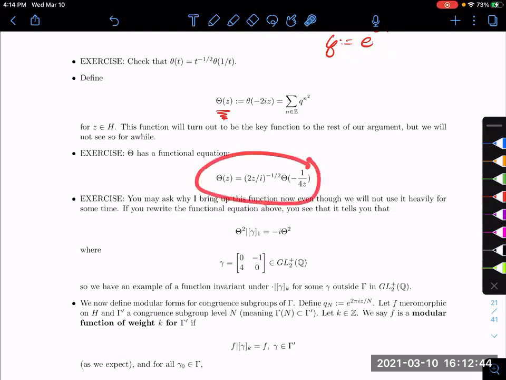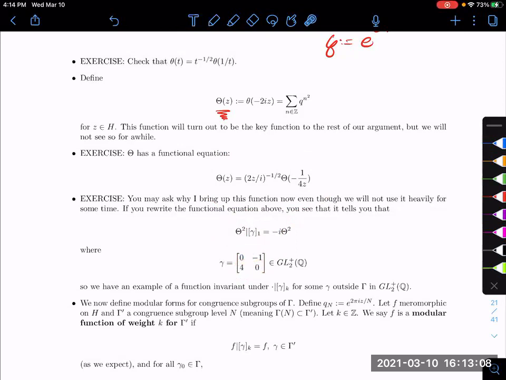if you rewrite the functional equation, and I'll leave this as an exercise, if you rewrite this functional equation for big theta, it can actually be rewritten like this if you square both sides. Big theta squared bracket gamma sub 1 is actually equal to negative i big theta squared, where gamma is the matrix 0, negative 1, 4, 0.